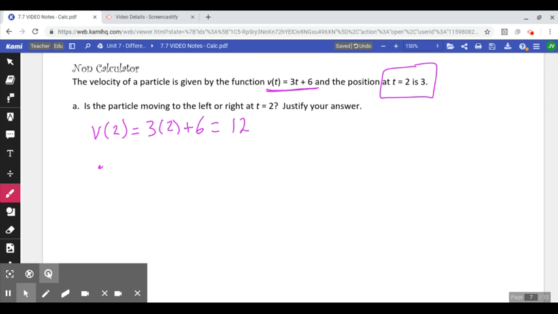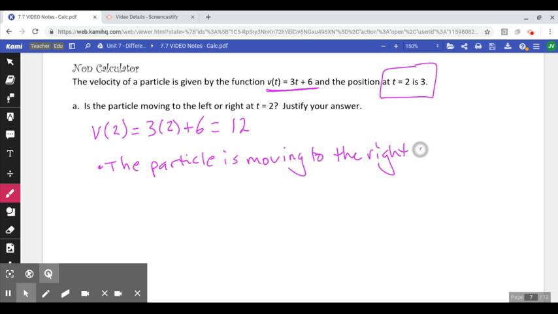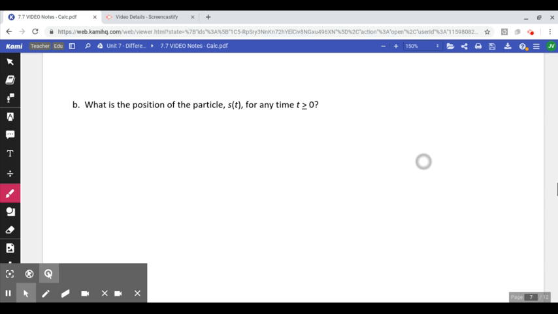So we're going to say the particle is moving to the right when t is equal to 2. And we want to justify our response, so we'll say because v of 2 is greater than 0, or you can say v of 2 is positive.